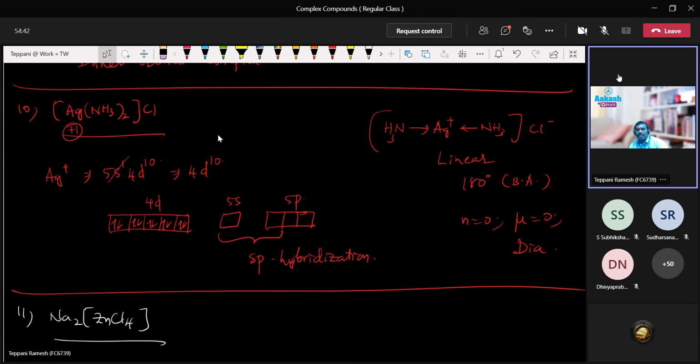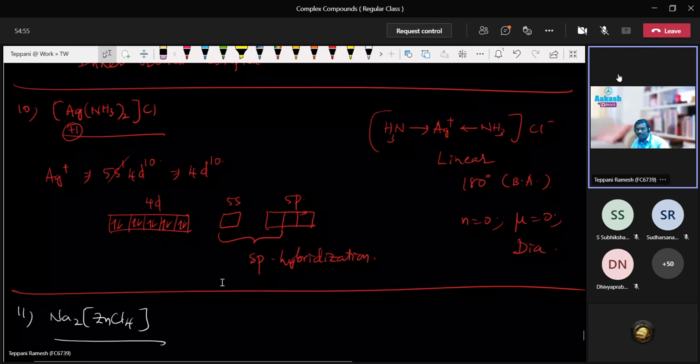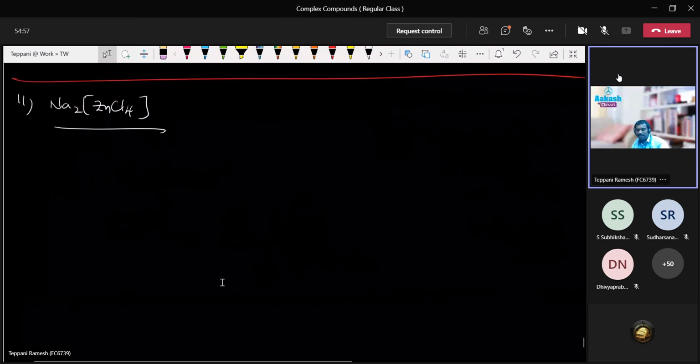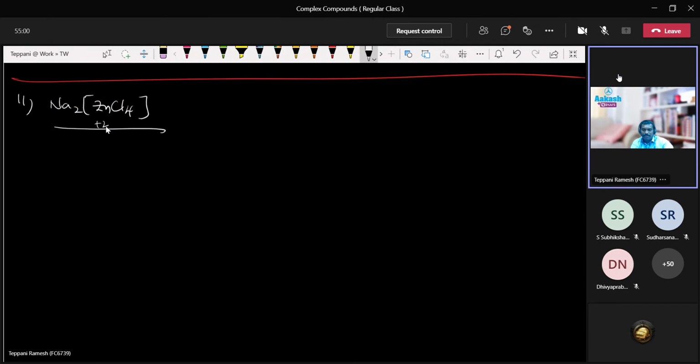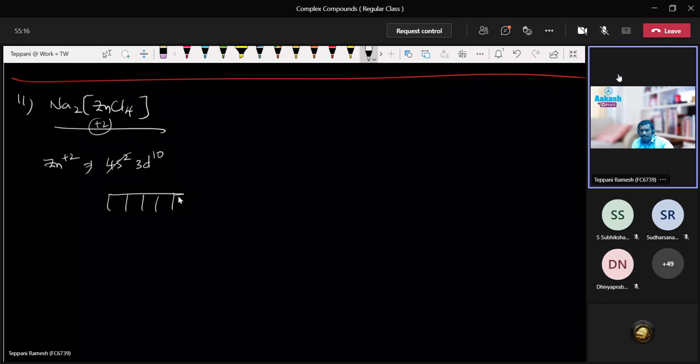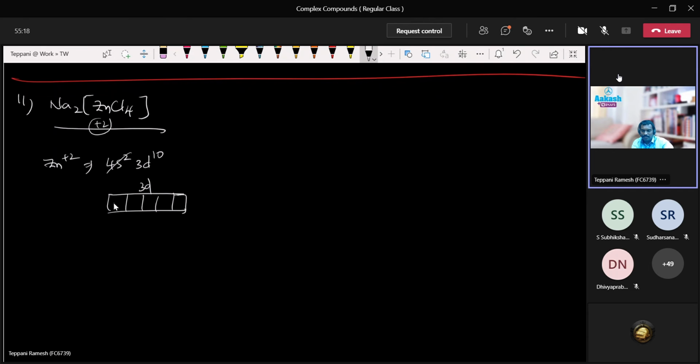That doubt arises when you get some unpaired electron: does pairing occur or not? Here d10 means completely filled, so there is no doubt about strong field or weak field. So no discussion. That's why I did not write strong field or weak field. Zn plus 2 means automatically 3d10, all paired, so further pairing is not there.